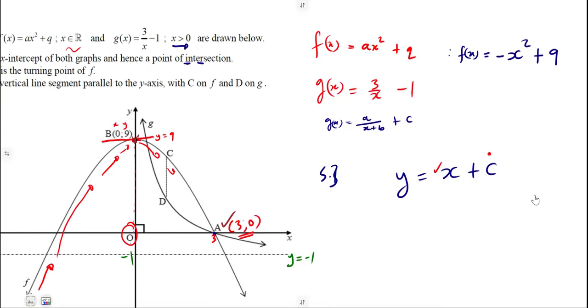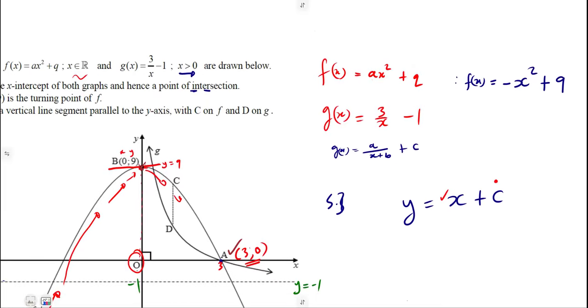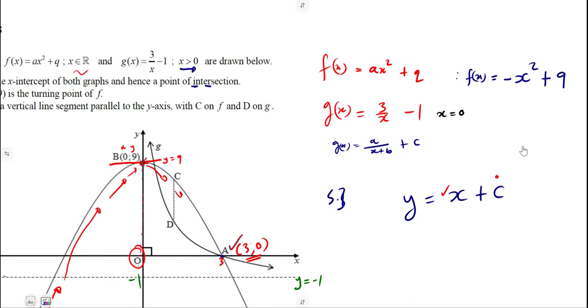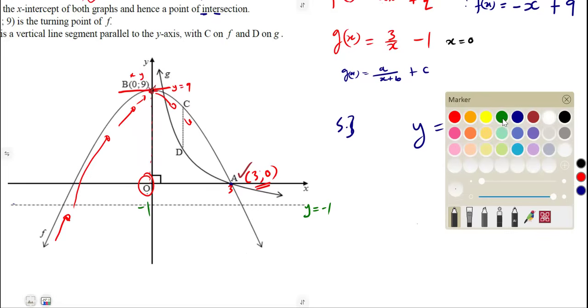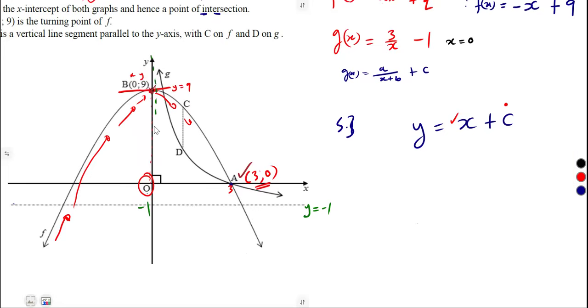Remember our asymptotes, guys: we said x is equal to 0 from this one, as we are just given a single term there. So our asymptote is x is equal to 0, which is our y-axis, and this one, y is equal to -1.